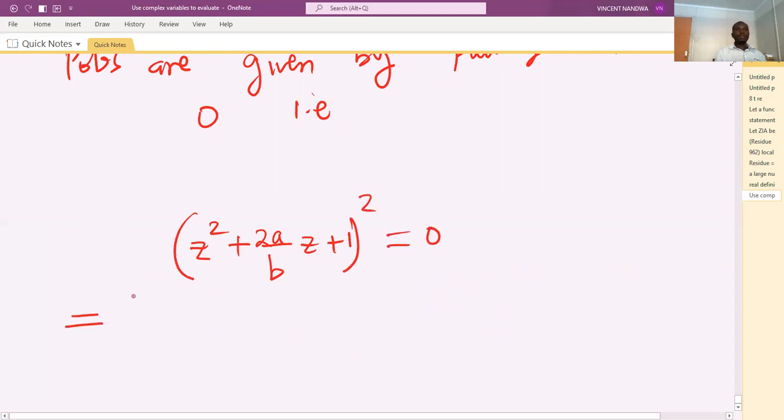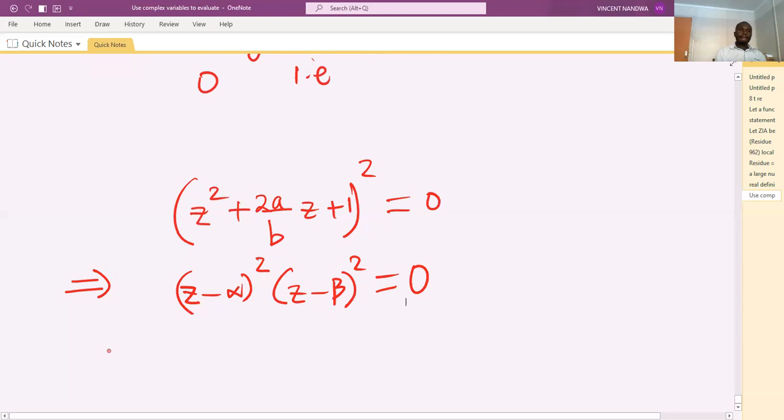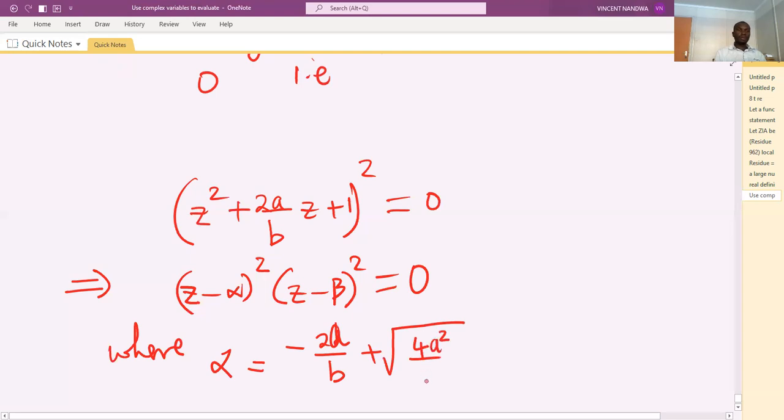So which means, for this quadratic, you can write it as (z minus alpha) squared times (z minus beta) squared equals 0, where when you solve this one, you get alpha is given by minus 2a over b plus the square root of 4a squared over b squared minus 4.